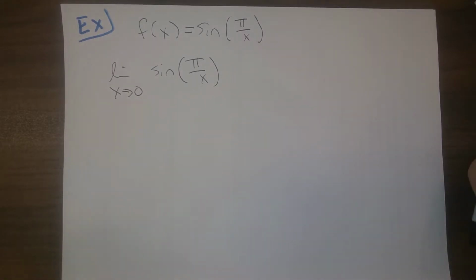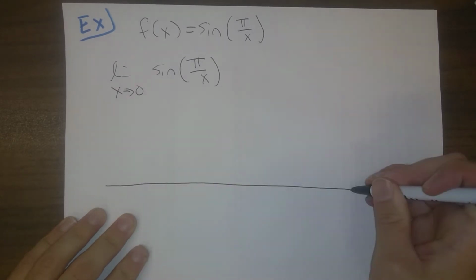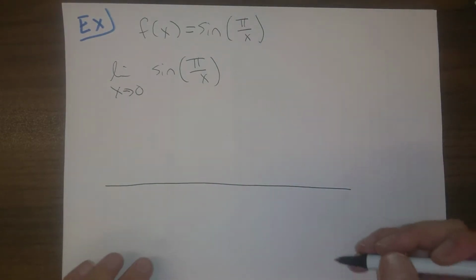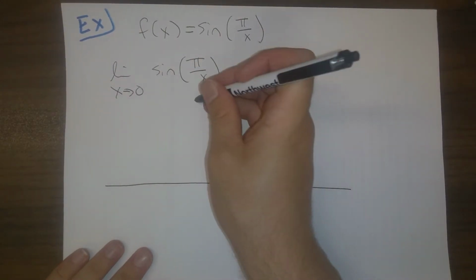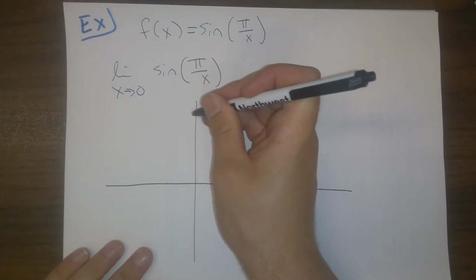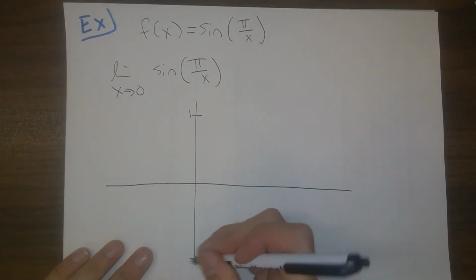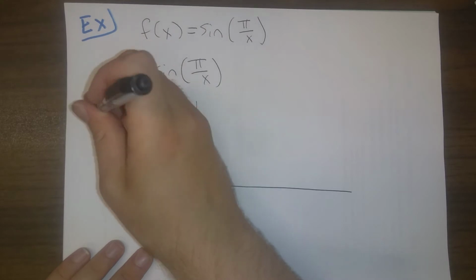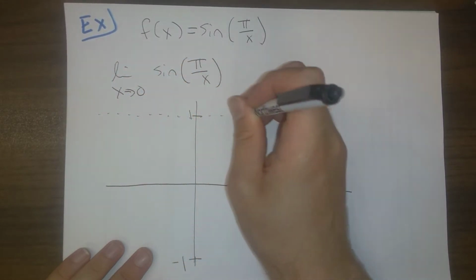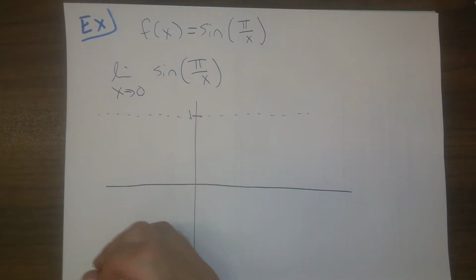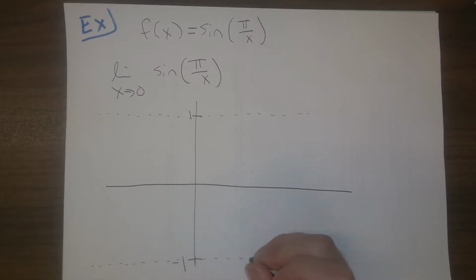And if we try to sketch it, some really weird stuff happens. Let me put on here 1 and minus 1. Something that's going to be true is that sine of x, or sine of whatever, is always bounded between 1 and minus 1.